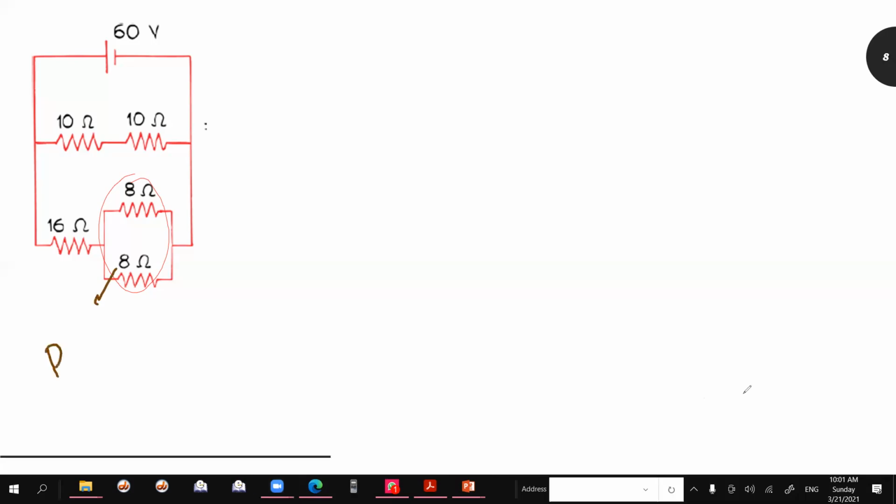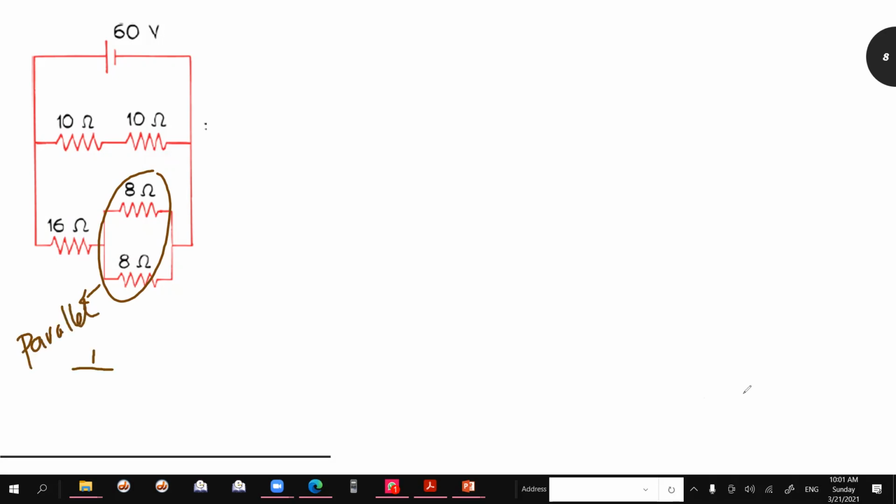So our total here, they are parallel. So first step, let's say that these two circuits are in parallel.